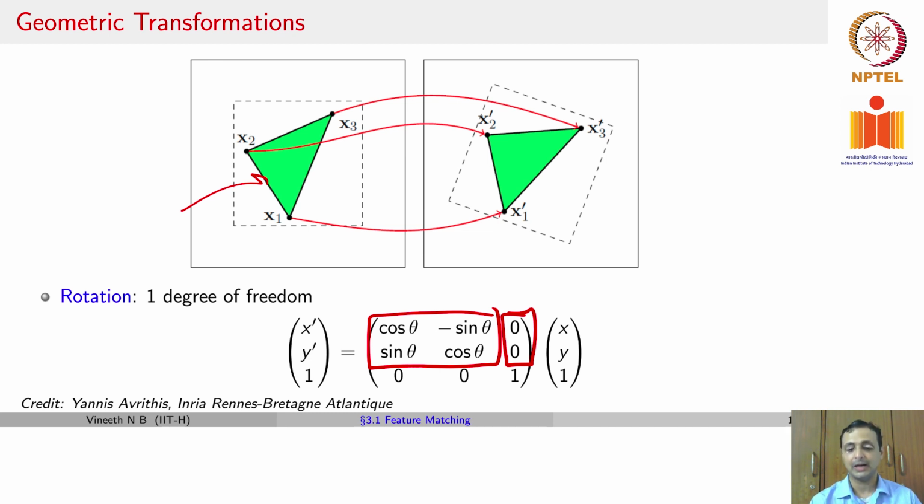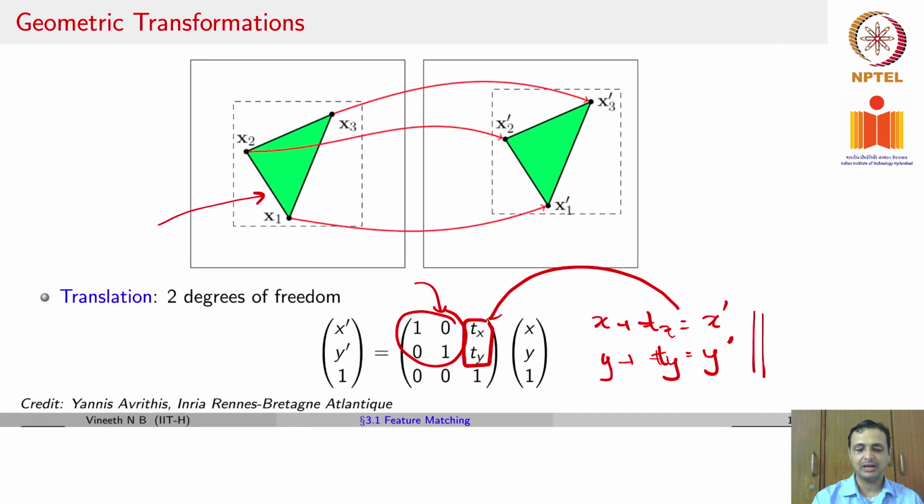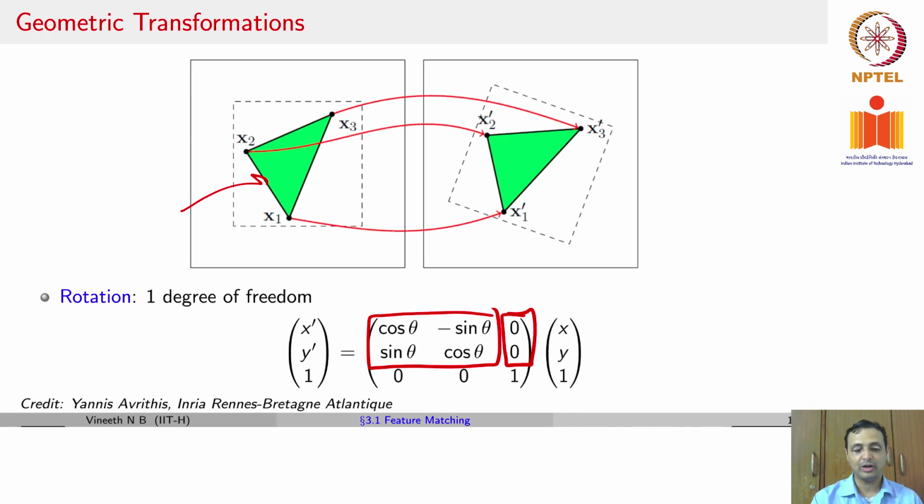You would have x cos theta minus y sin theta is equal to x prime, and x sin theta plus y cos theta is equal to y prime. That simply represents your new coordinates based on your rotation angle theta. So if you went back to the previous slide, in translation there are 2 degrees of freedom, tx and ty. In rotation, just 1 degree of freedom, which is given by the angle theta.